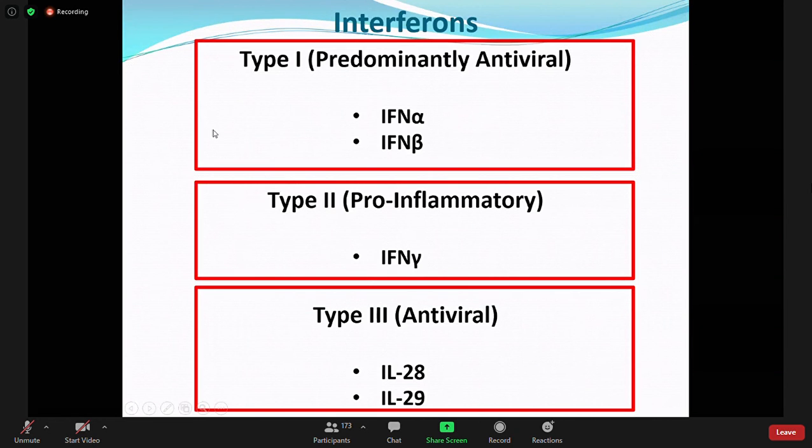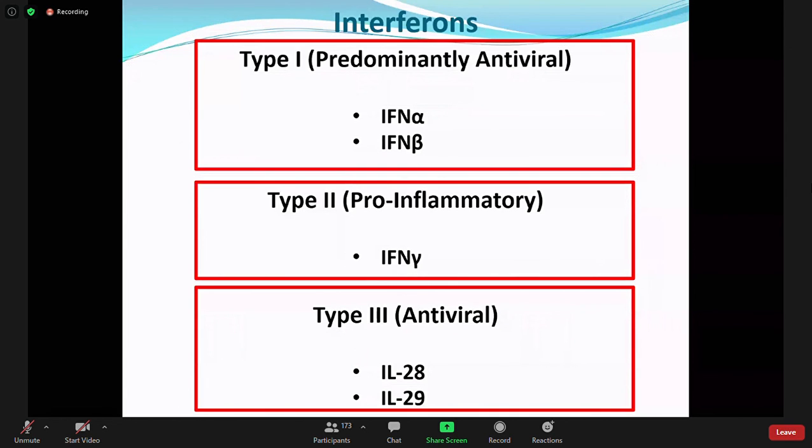For instance, with interferon alpha, it's now been shown that patients with cancer who receive radiation therapy or chemotherapy have better effects if they have interferon in their system. So somehow the interferon complements the anti-cancer treatment. Interferon gamma, which you'll learn about in the next lecture, is an important immunomodulatory cytokine.